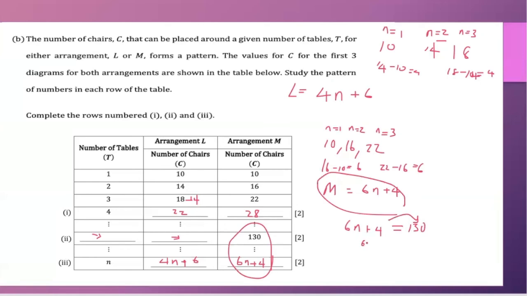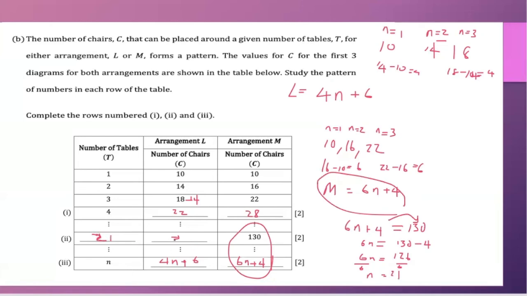So I'm going to have 6n is equal to 130 take away 4. So I have 6n is equal to 126, and then divide both sides by 6. So I have n equal to 21.